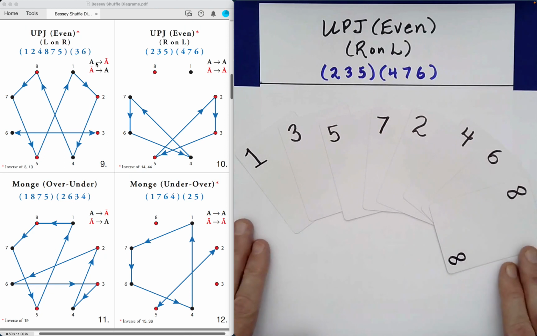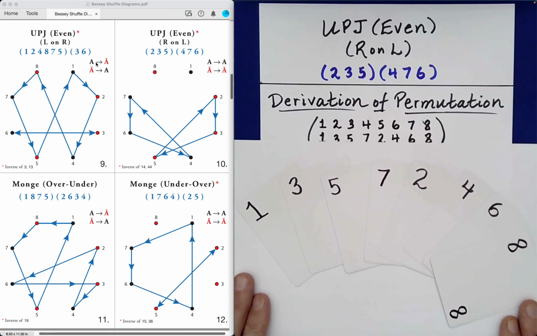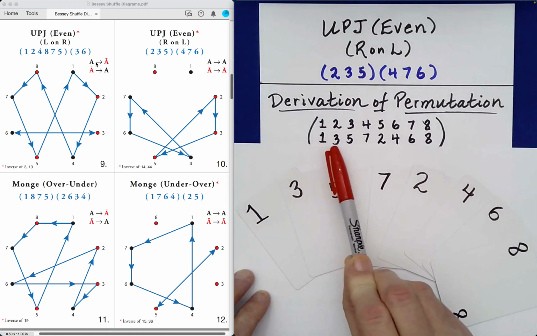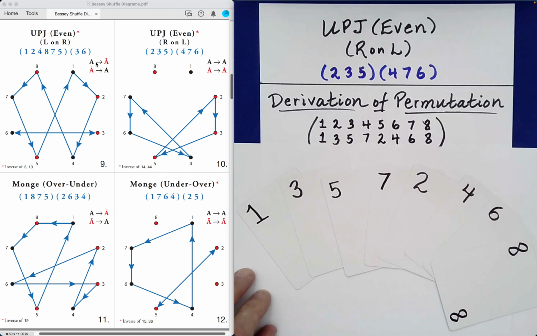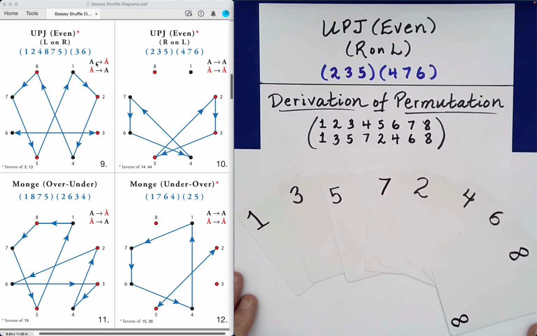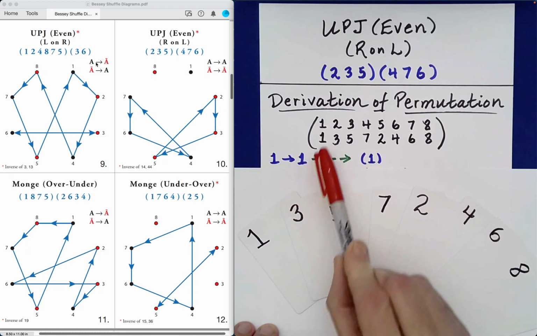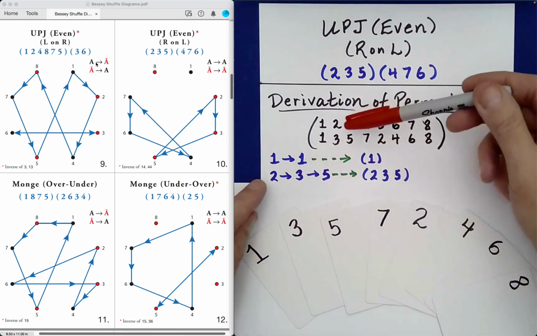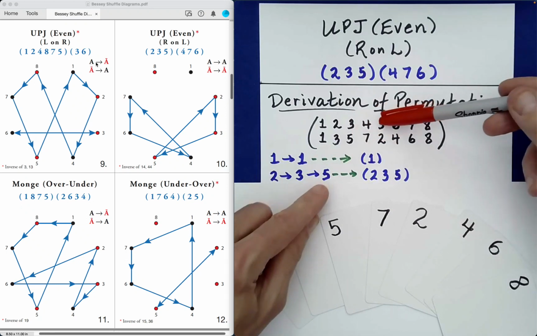Okay, so if we write the Cauchy two-line notation for a permutation, we obtain the following. 1, 3, 5, 7, 2, 4, 6, 8 is the new ordering. That can be converted to cycle notation. So 1 is a fixed point, 1 goes to 1. 2 gets sent to 3, 3 gets sent to 5, and 5 gets sent to 2.